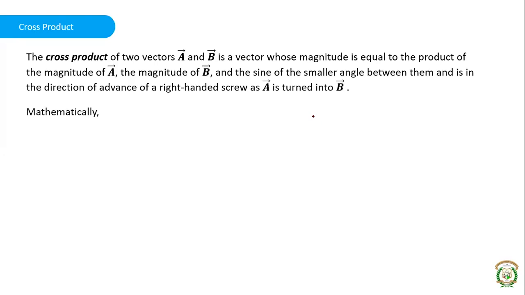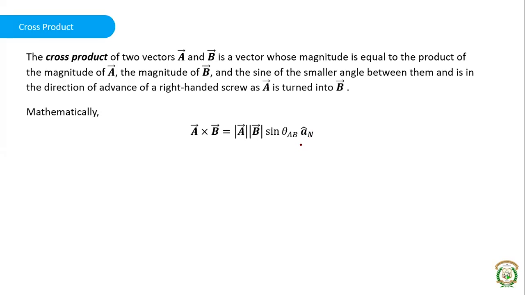Mathematically, the magnitude is equal to the magnitude of A, times the magnitude of B, times the sine of the angle between them. So if the angle between them is theta, the product is given as A cross B equals magnitude of A, magnitude of B, sine theta AB, multiplied by the unit vector n.